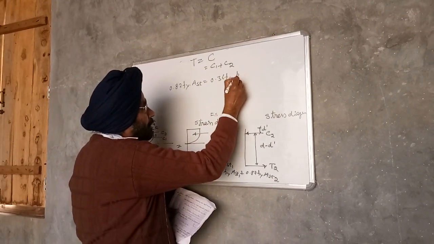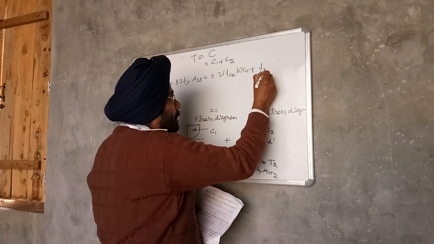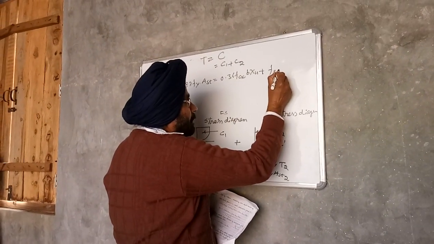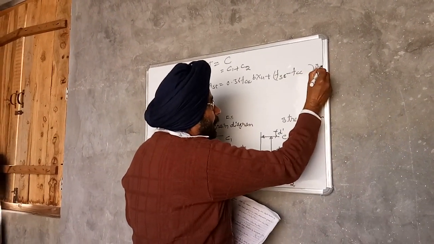C1 is equal to 0.36 fck b into xu, and C2 is (fsc minus fcc) into Asc.